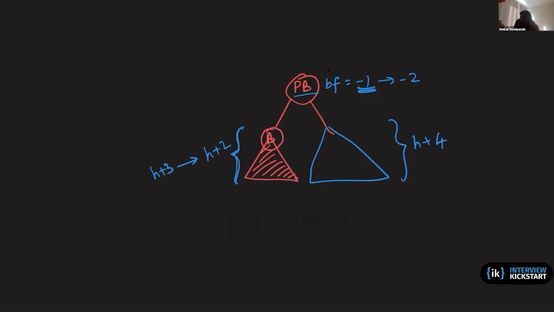Maybe you can also keep in mind that with insertions, a one-time rotation, whether it's single or double, fixes things. In the case of deletes, you could still have spillover effects all the way up in the tree. So you might have to, in the worst case, do log n rotations.